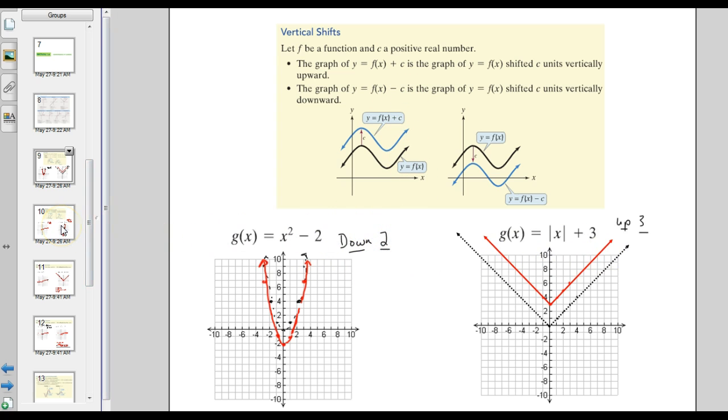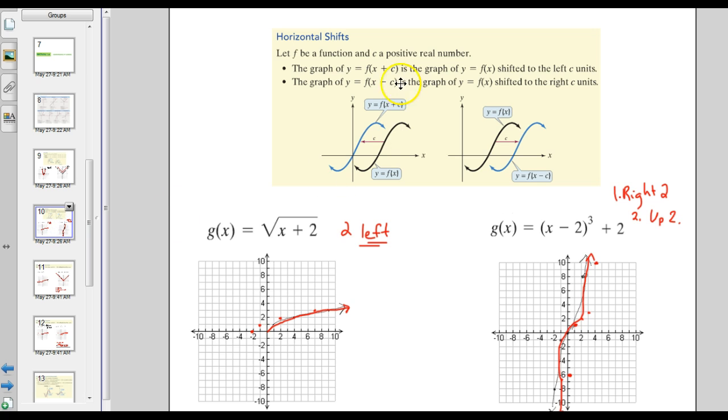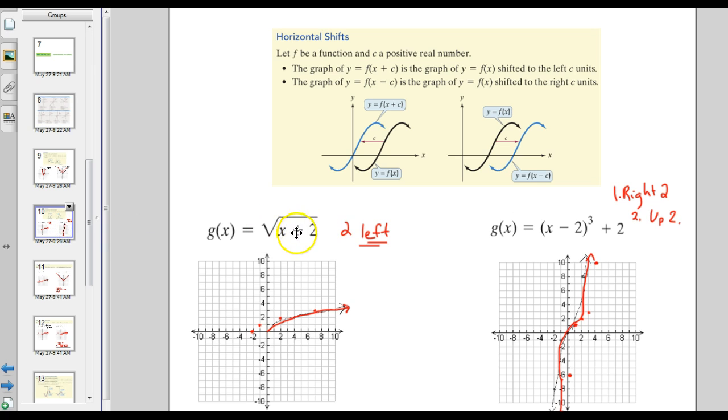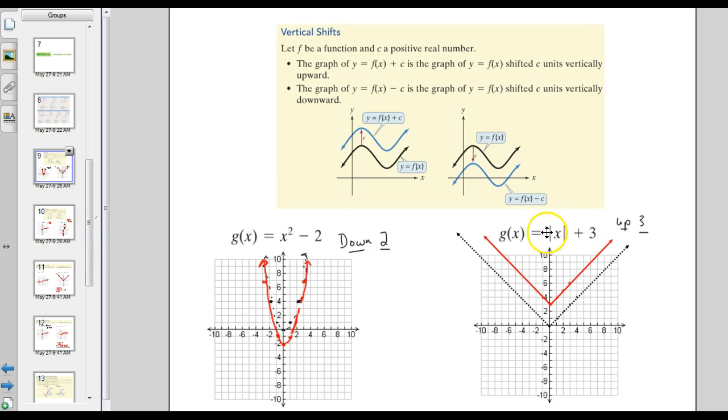All right, now, what if we add to the input? Meaning, what if we add or subtract before we do that base function operation? Again, the square root is a base function operation. There's the square root, but we added 2 before we took the square root, okay? Not after, like we did with these operations, but before.